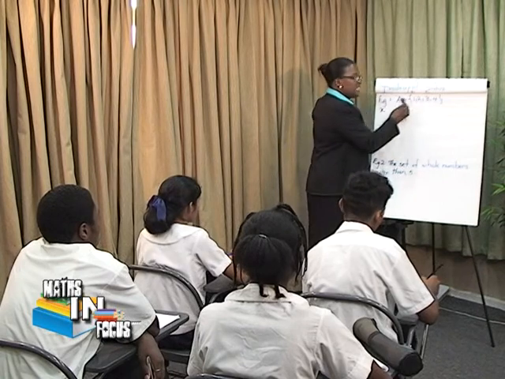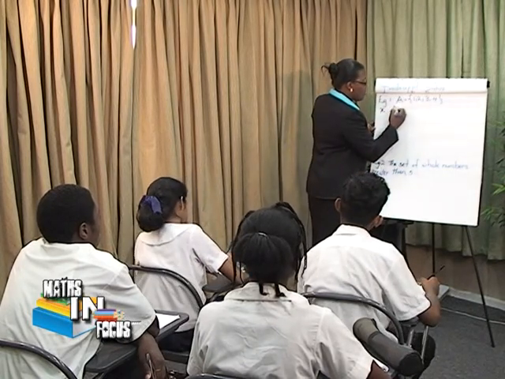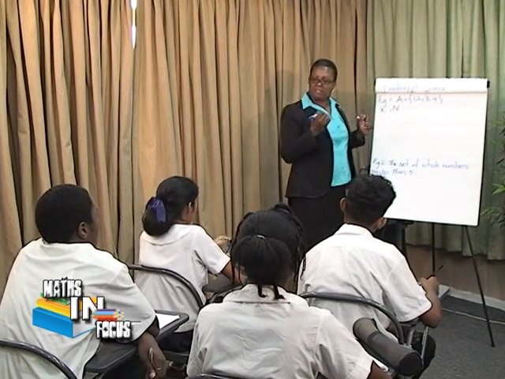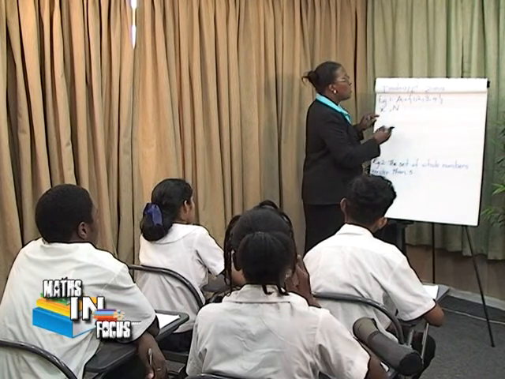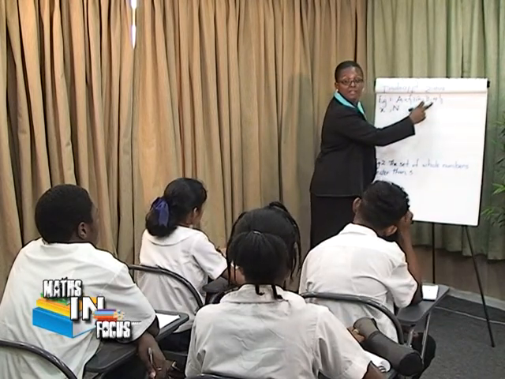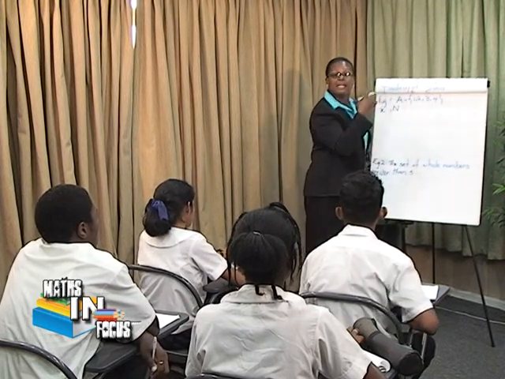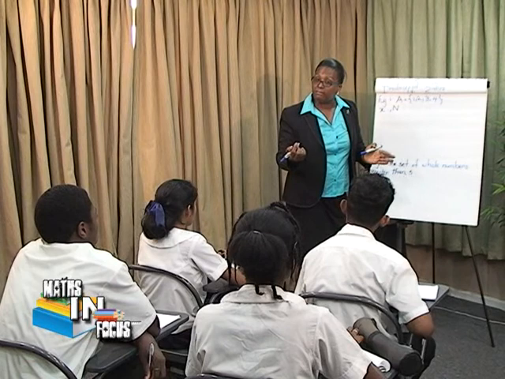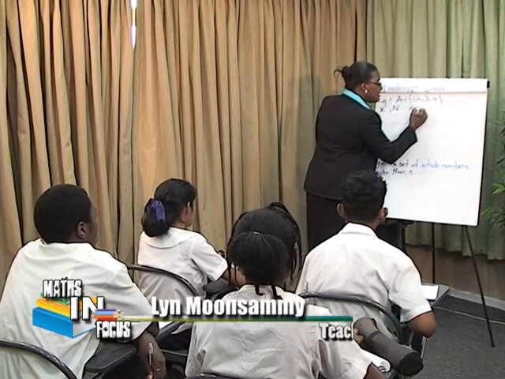Where are we taking these numbers from? We're taking them from the set of natural numbers. So we have to say that. Now when we look again, we know that x has to be lesser than 5, or x is lesser than or equal to 4.